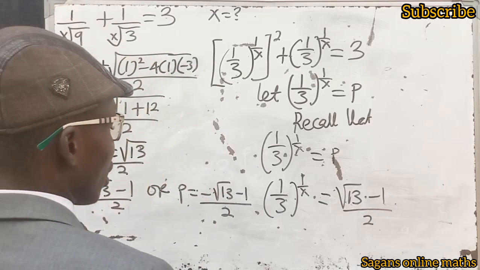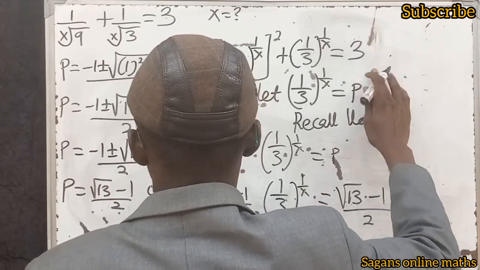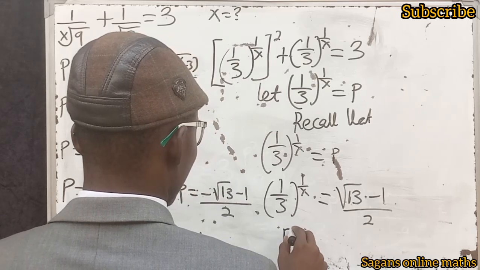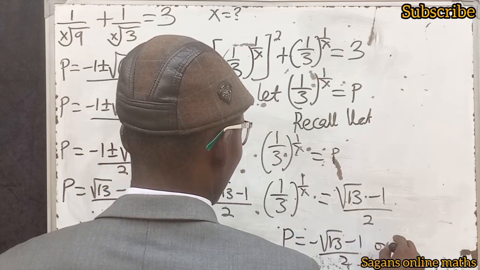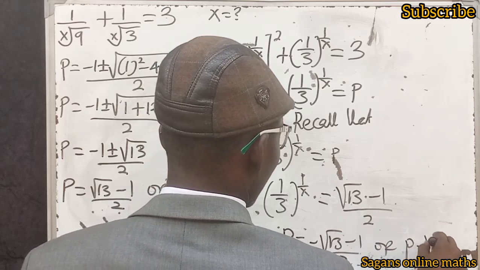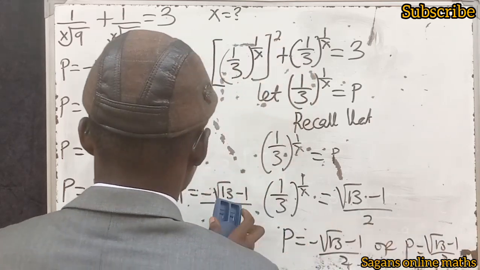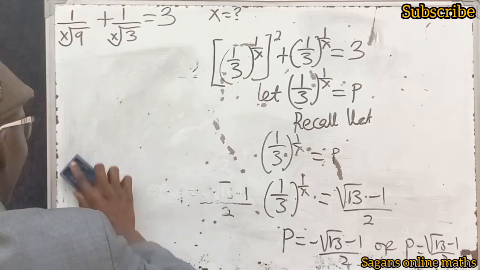Let's take log of both sides. These are the values of p: p is equal to minus root 13 minus 1 divided by 2, or p is equal to root 13 minus 1 divided by 2. So we can clean this and solve for the value of x from here.